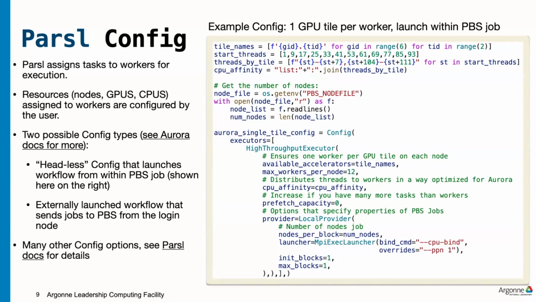Parcel always operates on a worker model. You create tasks, and every task is assigned to a worker to complete. So what you need to configure is what compute resources the workers have.